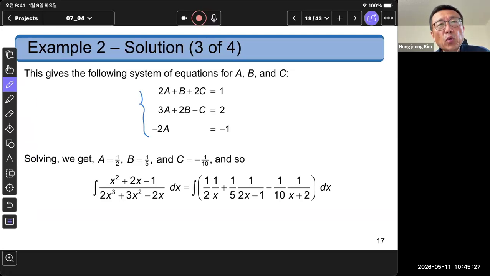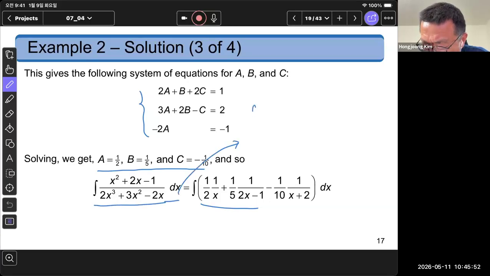You can solve these equations, then you will find the values of A, B, and C. So the previous expression can be written as: the first term was 1/2 over x, plus B was 1/5 over 2x minus 1, plus C was minus 1/10 over x plus 2.